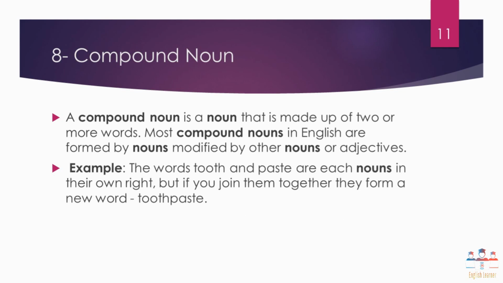Next and the last category in the types of nouns is compound noun. A compound noun is a noun that is made up of two or more words. Most compound nouns in English are formed by nouns modified by other nouns or adjectives.